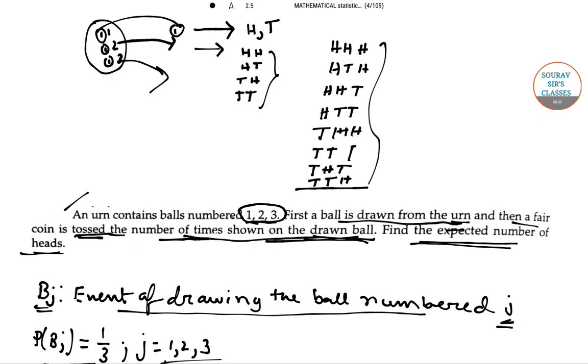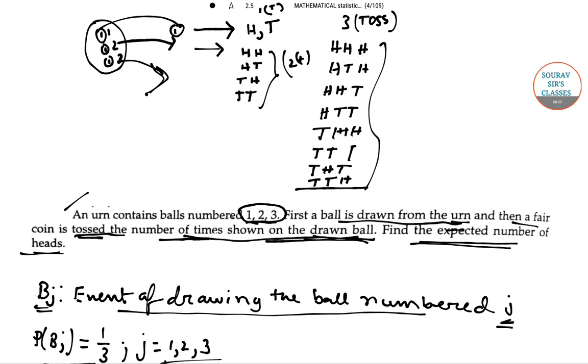So we'll have these possibilities if the number shows 3 and we toss 3 times. This is the case when we toss 3 times, this is the case when we toss 1 time, and this is the case when we toss 2 times.